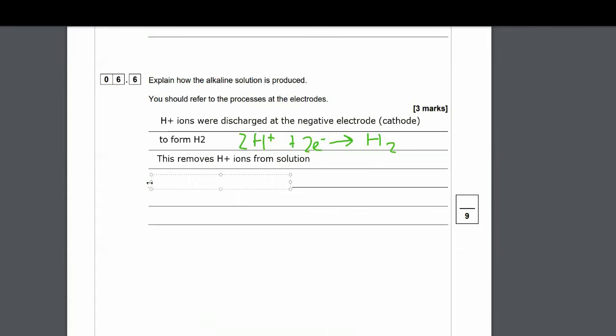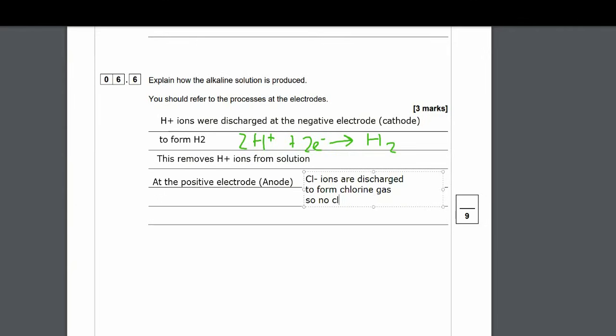Then at the positive electrode, called the anode, if you like to use the word anode, chloride ions, Cl minus ions, are discharged to form chlorine gas.